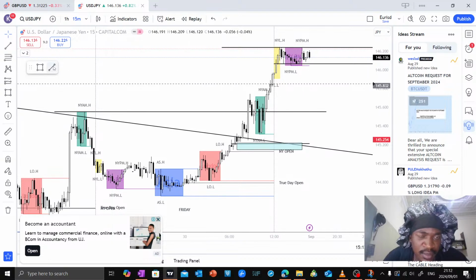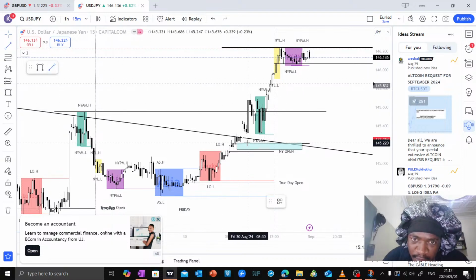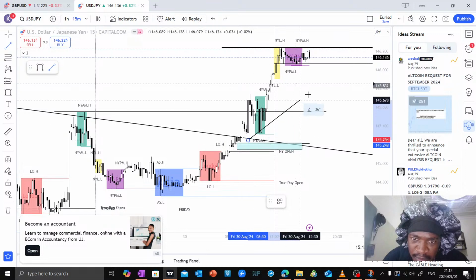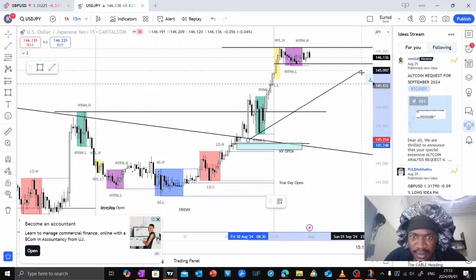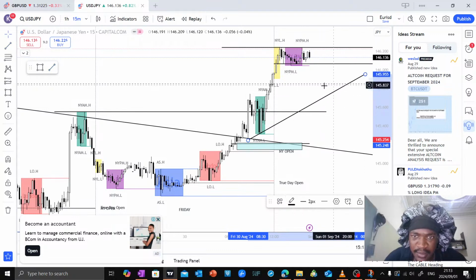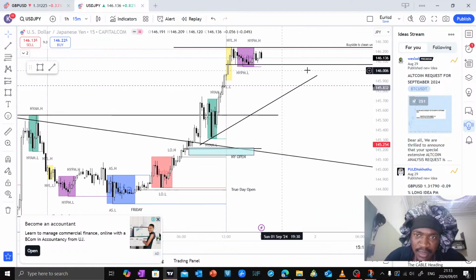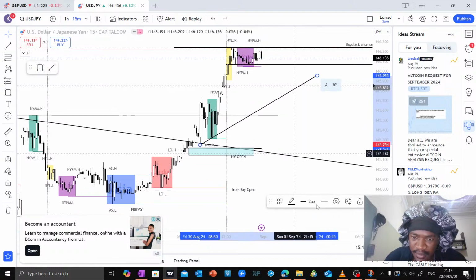So what we do is then we map from that low to the next retracement. I can see if it's like this, it's gonna be steep, but I think it's worth it. Sometimes you'll be shocked by the way these things pan out.